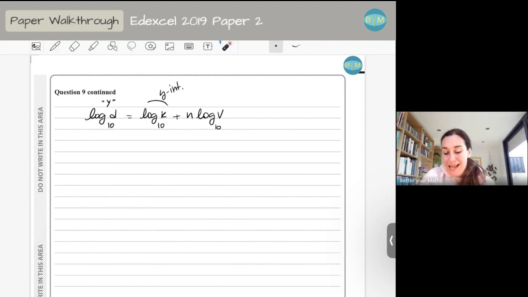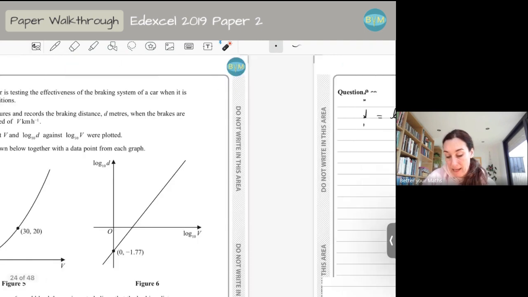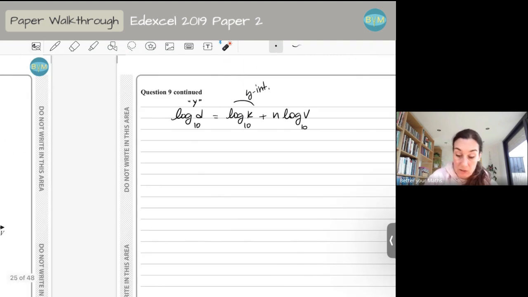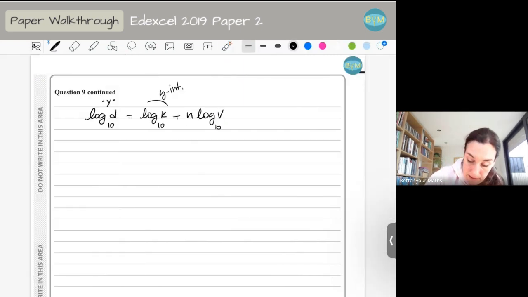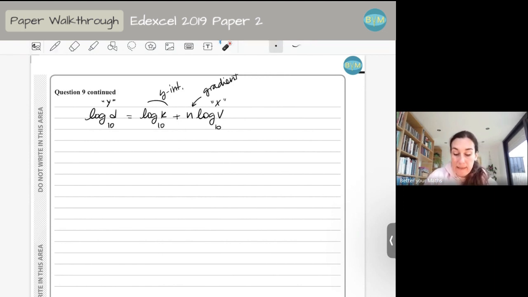And then we have a number and my variable in the x-axis, the log b. So this is our x, which means this is our gradient. So that's how they are behaving. Does it make sense? So taking logs in that expression, we see that it's behaving like a straight line.